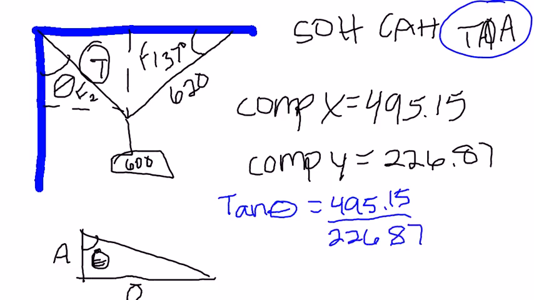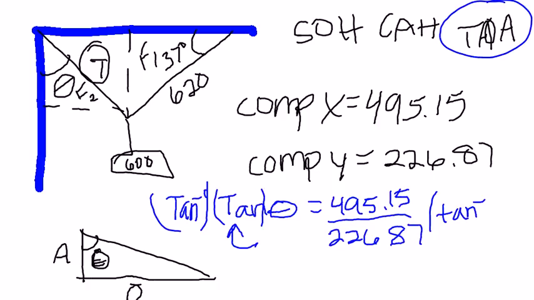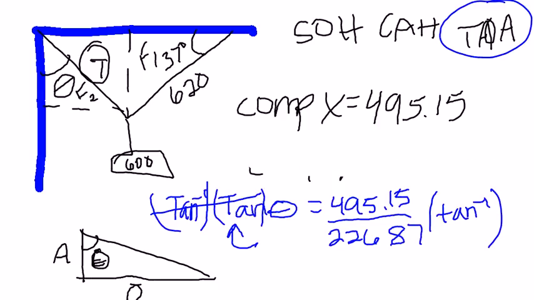Now we can't just divide that out and find tangent theta. No, we need to get rid of the tangent on this side by multiplying it by tan to the negative 1, which reverses it, which means we also have to multiply this side by tan to the negative 1. So in reality, this is going to go away, and I'm going to erase this and continue our work up here.